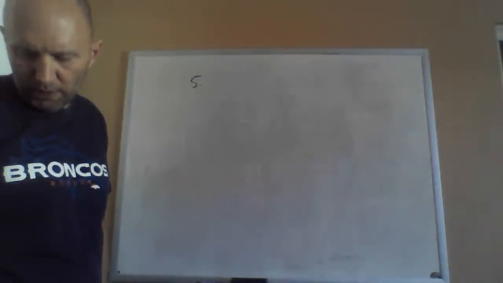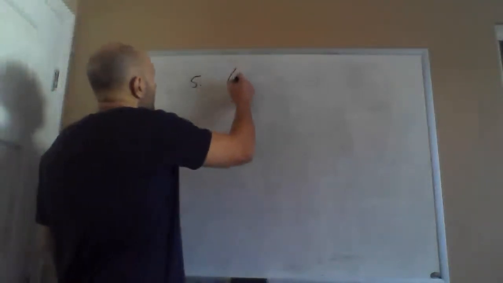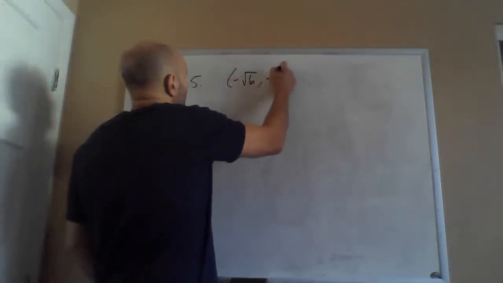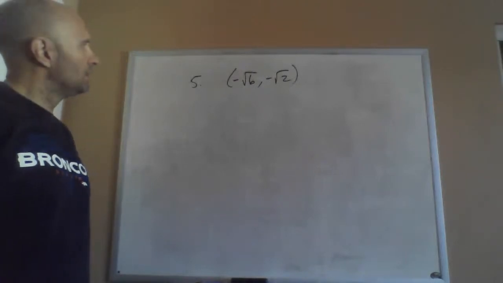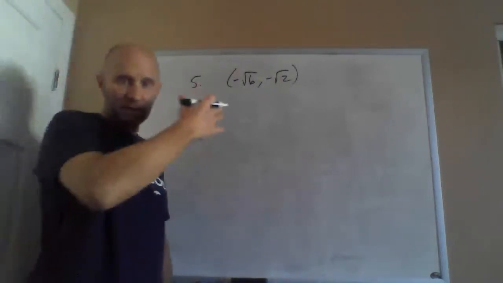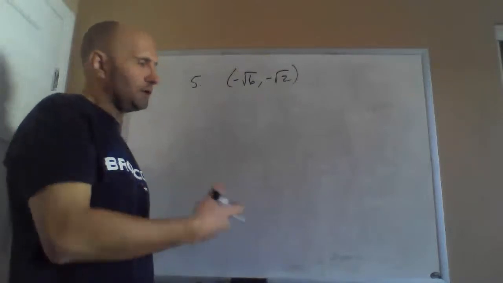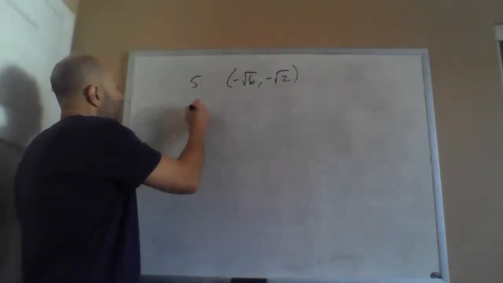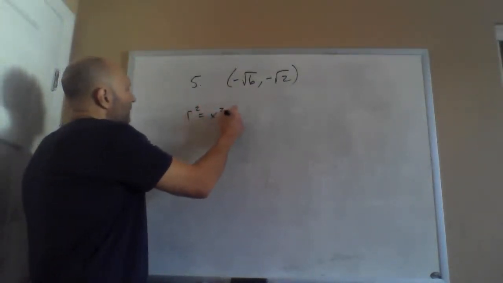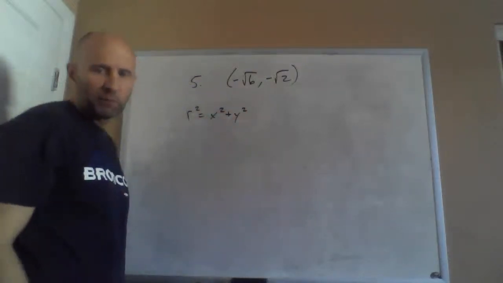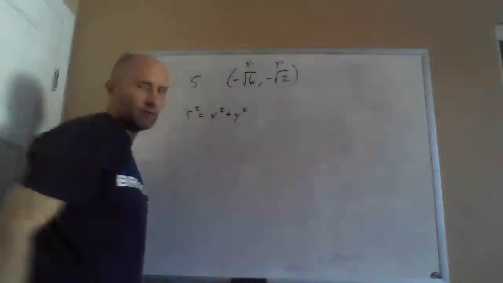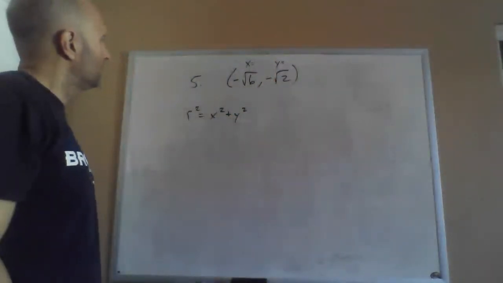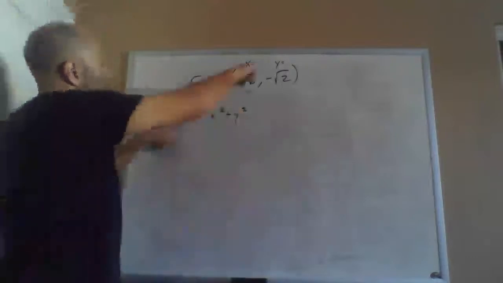So this wanted to convert the rectangular point, and you're given negative square root of 6, negative square root of 2, to polar. So to convert from rectangular, which is what we have, to polar, we're going to use two equations. First of all, r squared is x squared plus y squared. This is our value for x. This is the value for y. So therefore, to figure out r, we just plug those in.